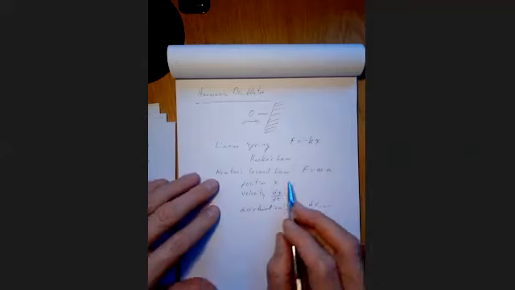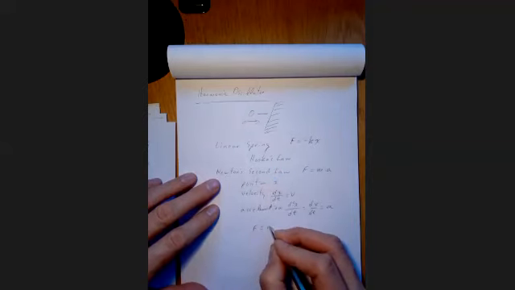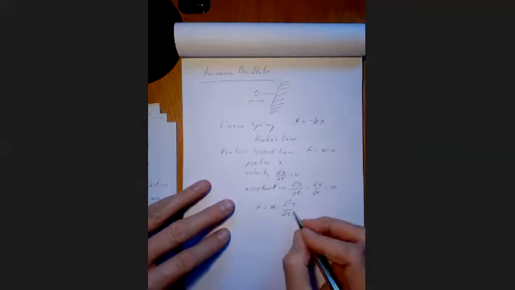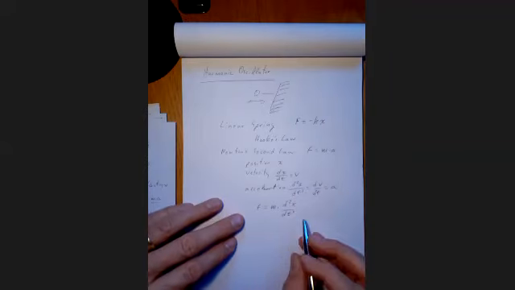So what we're really saying with Newton's second law is that force is equal to mass times the second derivative of the position. And we need dt squared.